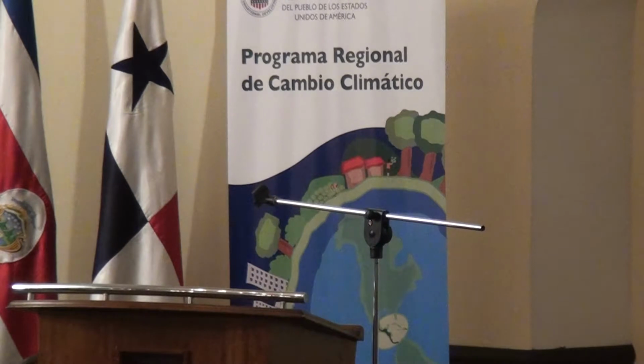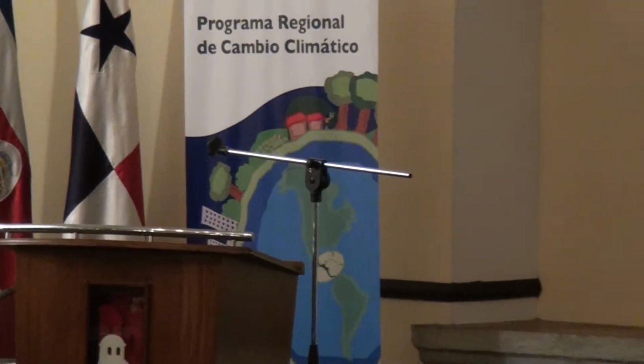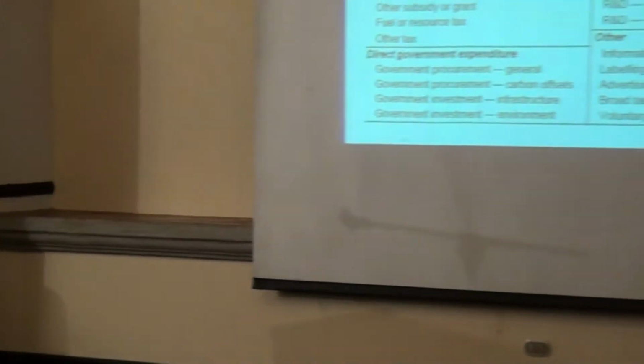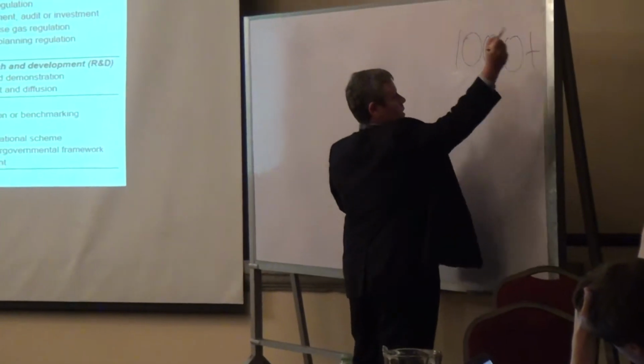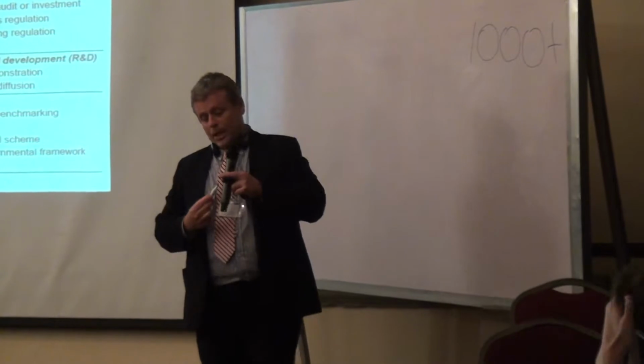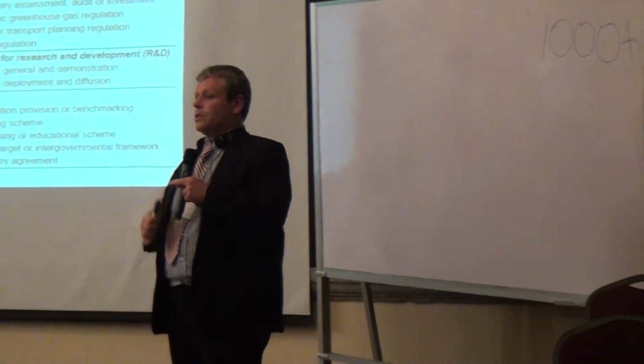So this is a taxonomy of existing emissions reductions policies. Now, I want to take this with me because there are a lot of international actions out there that are being undertaken. And this particular audit came up with over 1,000 different actions being undertaken to reduce emissions.